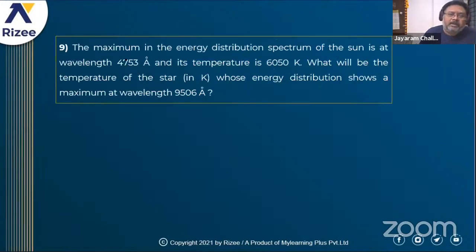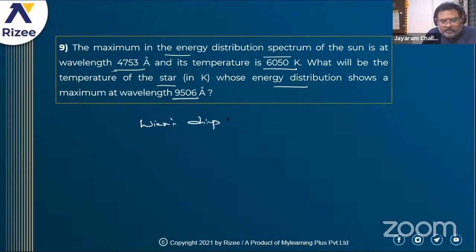Next one. The maximum in the energy distribution spectrum of the sun is at a wavelength of 4,753 angstroms at this particular temperature. What will be the temperature of the star whose energy distribution shows double this wavelength? So this is the condition where Wien's displacement law applies.